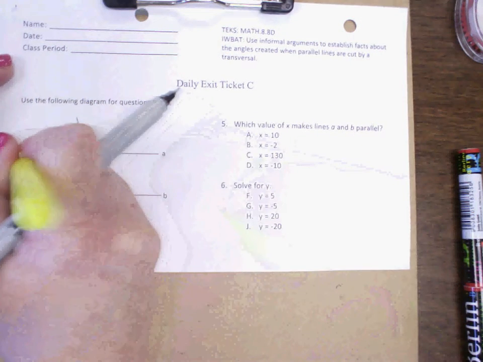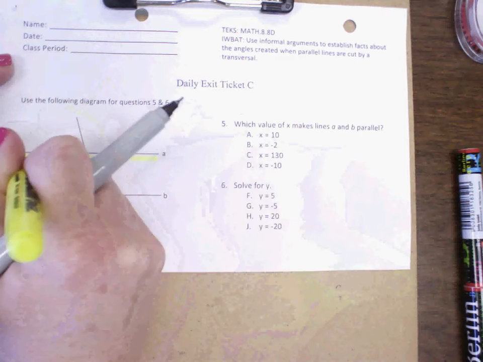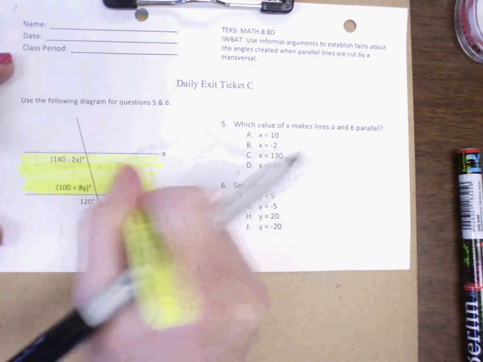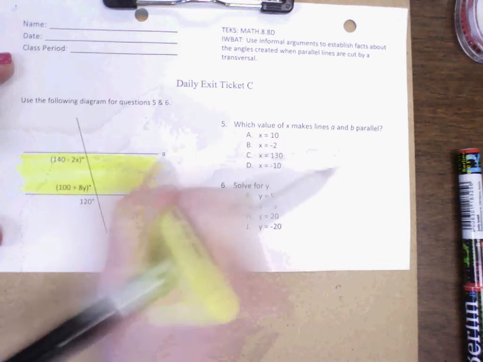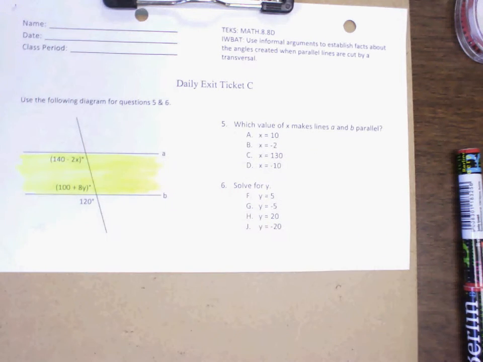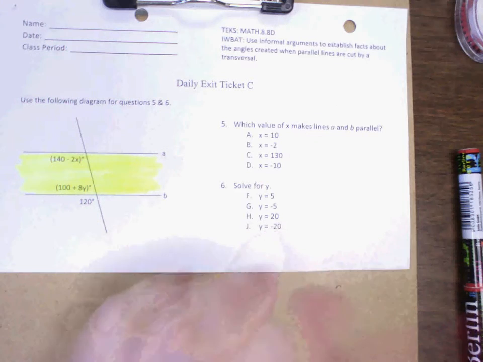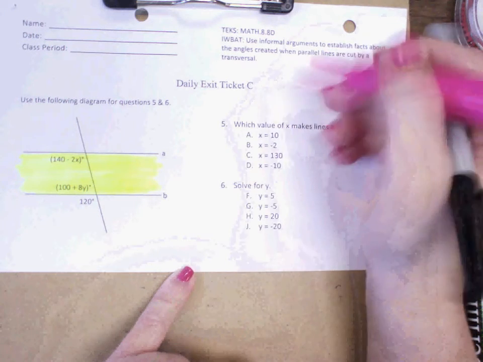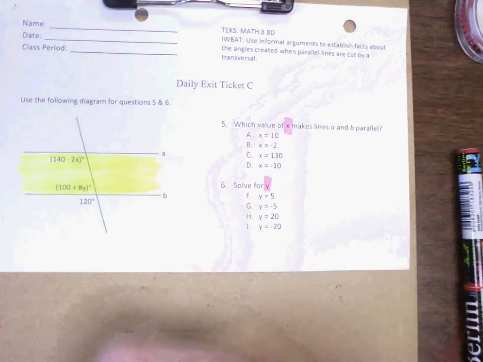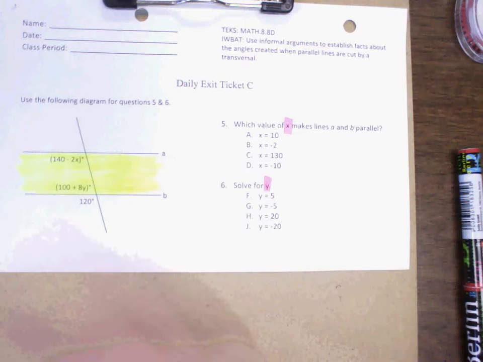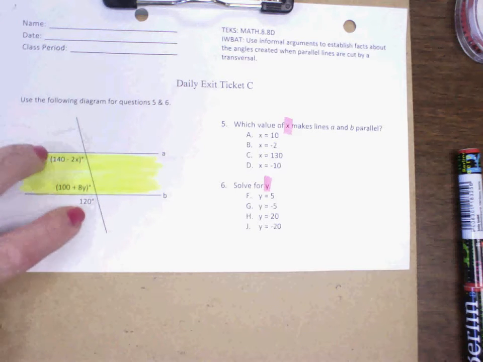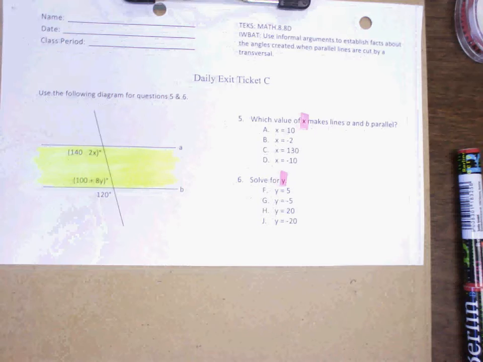All right, you should have highlighted inside the parallel lines. And then we needed the value of x for 5, and we needed the value of y. Okay? So I can't do y until I've done x.